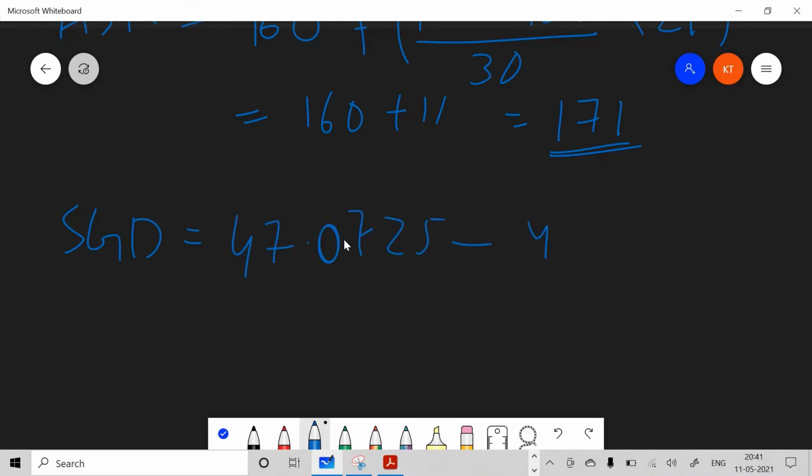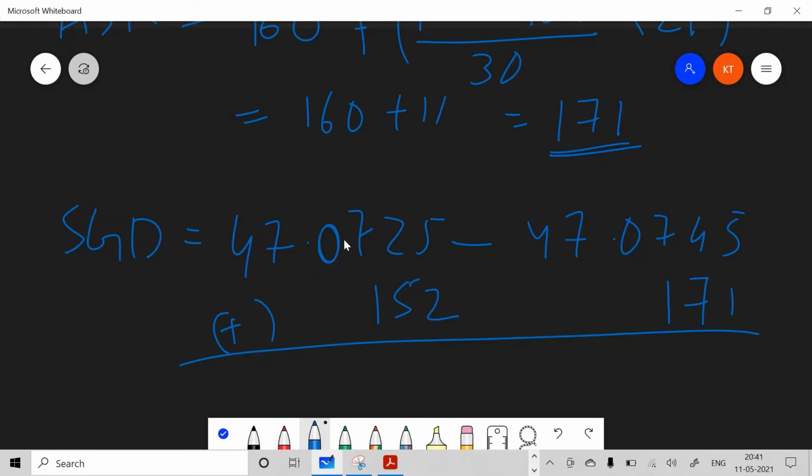Now we again take the spot rate that was given, 47.0725 to 47.0745. We add the swap points, 152, 171, because the question clearly says it's premium, so that's why we are adding, and also it's in ascending order.